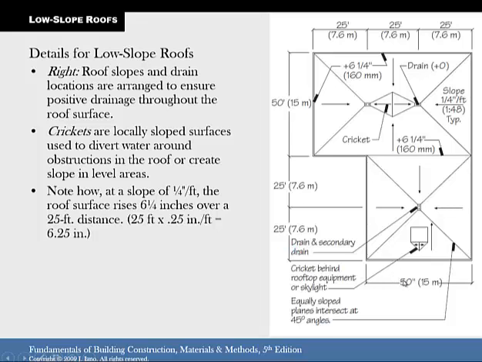So that kind of looks like this one, right? This section. So you've got your roof drain in the middle, and you're going to add your arrows showing which way the water's going to flow. Towards the drain, right? And then you're going to calculate the high points.